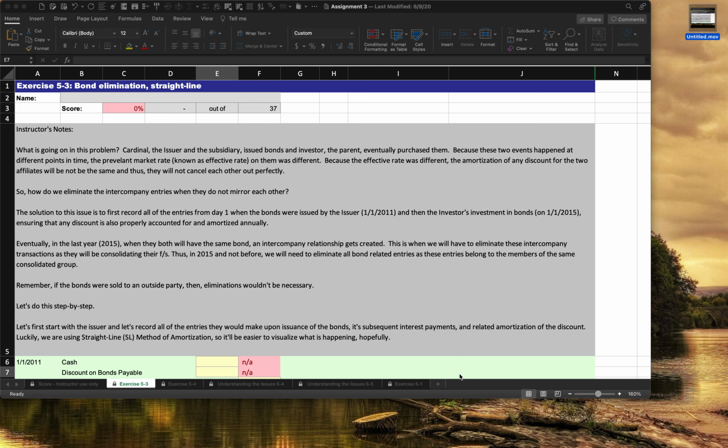Before we get that far, though, I wanted to shed light on some very basic concepts in bonds, because it may have been a while since you've taken intermediate accounting where we covered this concept in detail. But basically with bonds, you have a situation where a company needs to expand and needs a large sum of money that they cannot get from a bank down the street. So they issue bonds.